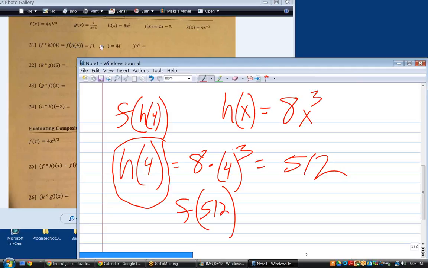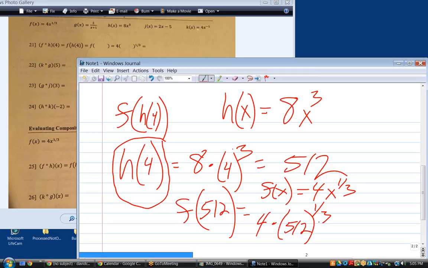So we have to figure out what h of 4 is, and that's 512. So now it's f of 512, so we go back to the f function. f of x was equal to 4 times x to the 1/3. So f of 512 is 4 times 512 to the 1/3.